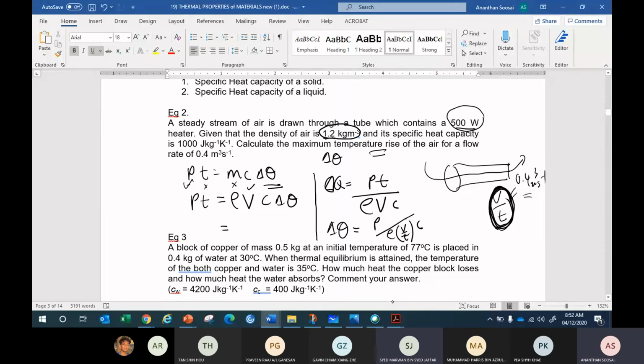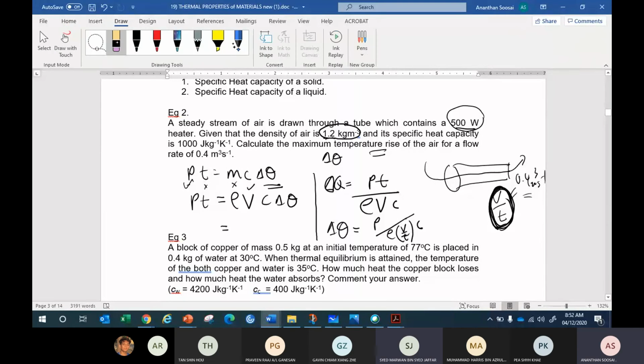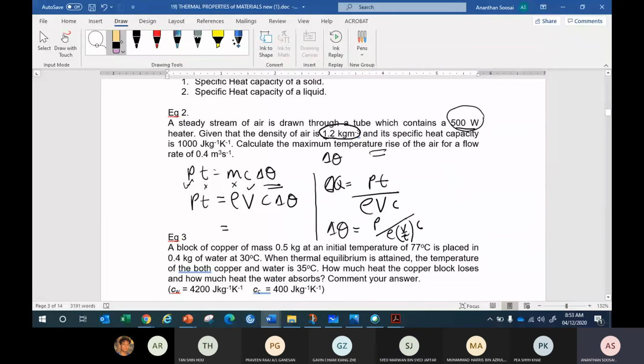So what's the answer you got? The change in temperature: power 500, density is 1.2, the volume per unit time the air passes through is 0.4, and specific heat capacity is 1000.